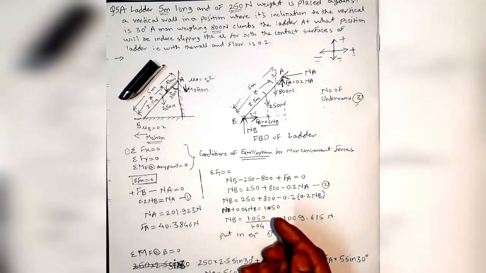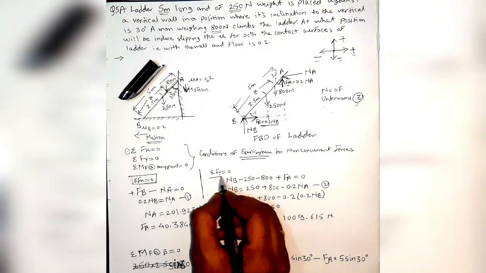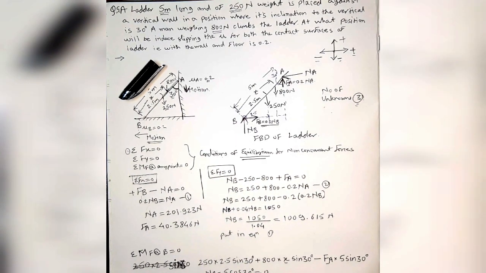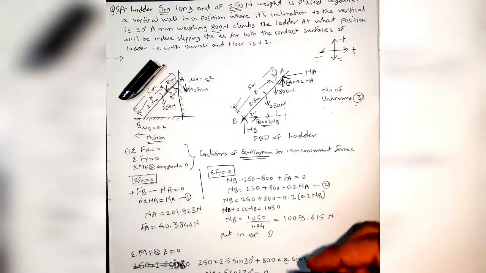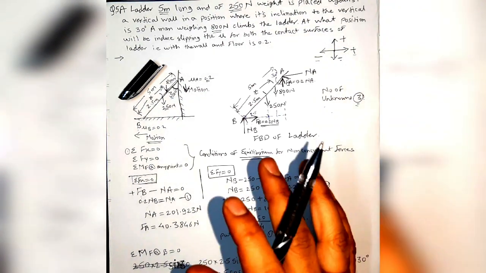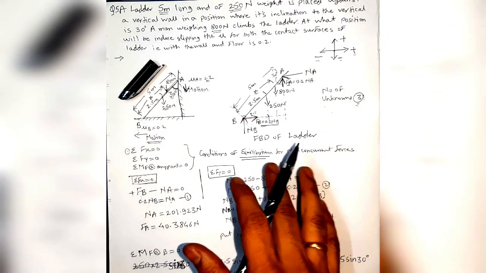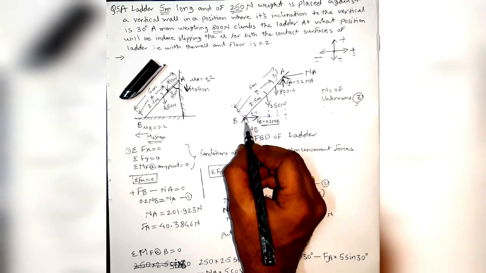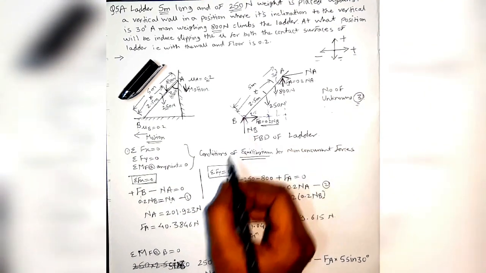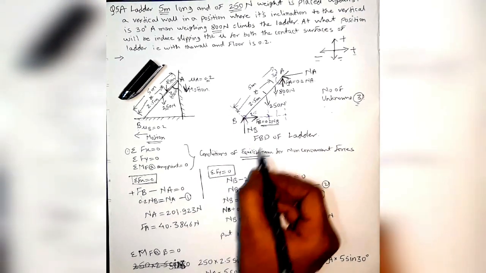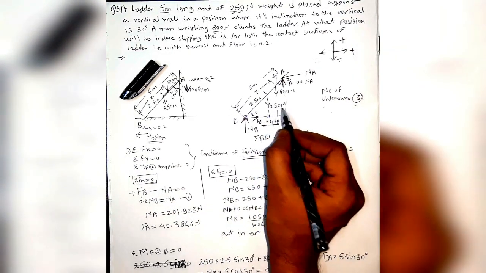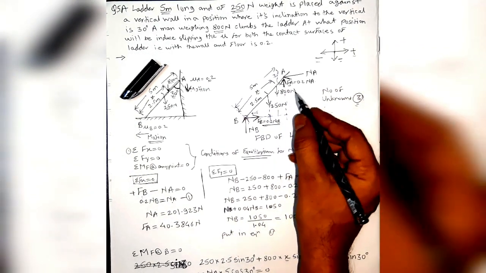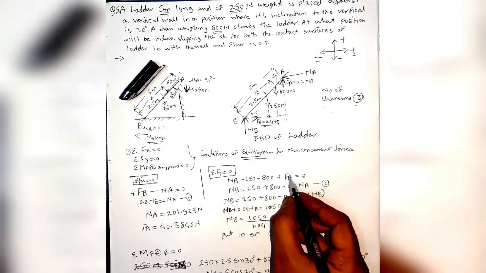Then using the second condition, summation Fy is equal to 0. That means the algebraic sum of forces in vertical direction is equal to 0. Whatever forces act in a vertical direction will balance each other and keep that force system in equilibrium. Here upward force NB is positive, minus 250 weight of the ladder, minus 800 weight of the man, plus FA, that is friction force at point A, is equal to 0.